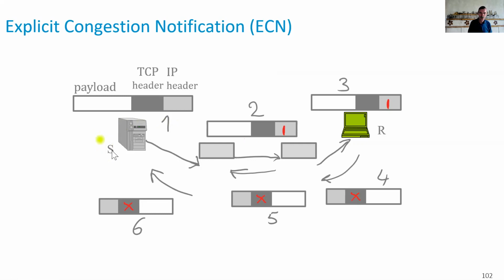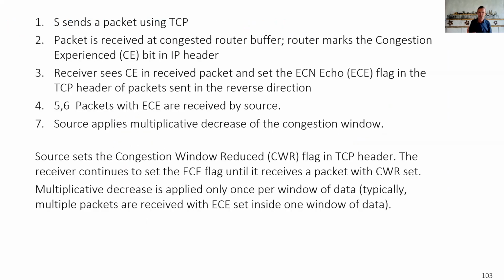And then when the source receives this, a round trip time later, it will see, oh, this ACK that I'm receiving is marked with a red cross. That means there was congestion. I can interpret that in the same way that I would if it were a loss. I can do multiplicative decrease. In fact, this is exactly what DECnet was doing in the 80s: when the source received the echo of the marked DEC bit, it would do multiplicative decrease and reduce the window here.